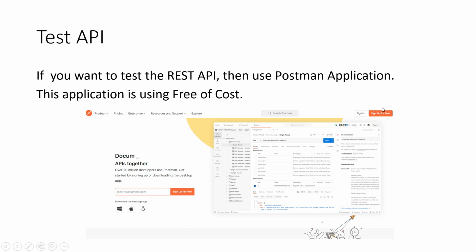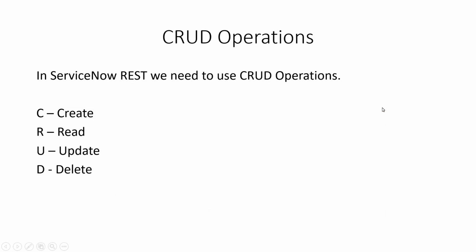This is an environment outside, a third-party application, and it is free of cost. It lets us check whether our ServiceNow REST methodology is working or not, using this test API. So the third-party application we use is the Postman application. And now we have the CRUD operations.